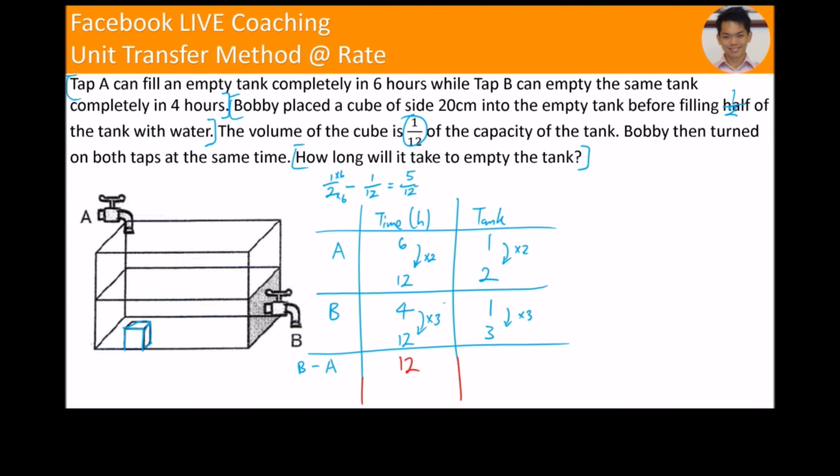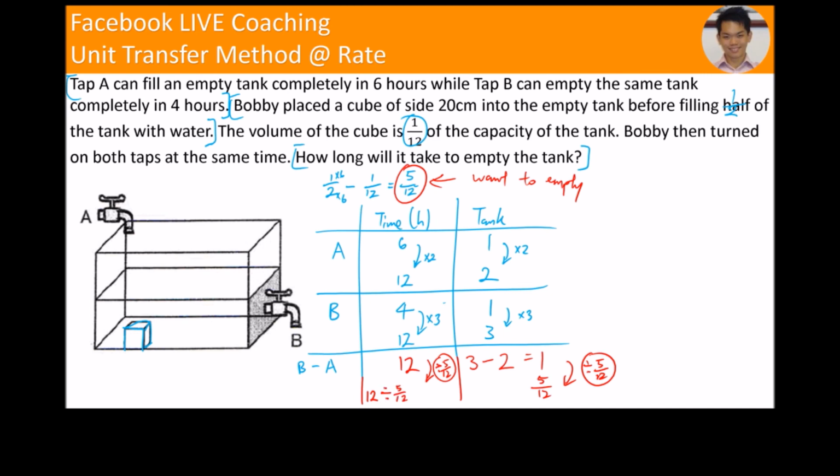In 12 hours, B will be emptying 3 minus 2, which is 1 whole of the tank. Correct? So now we want to empty 5/12 of the tank. So to get this to 5/12, we need to divide the time by 5 out of 12 as well. So doing this, we get 12 divided by 5 over 12.